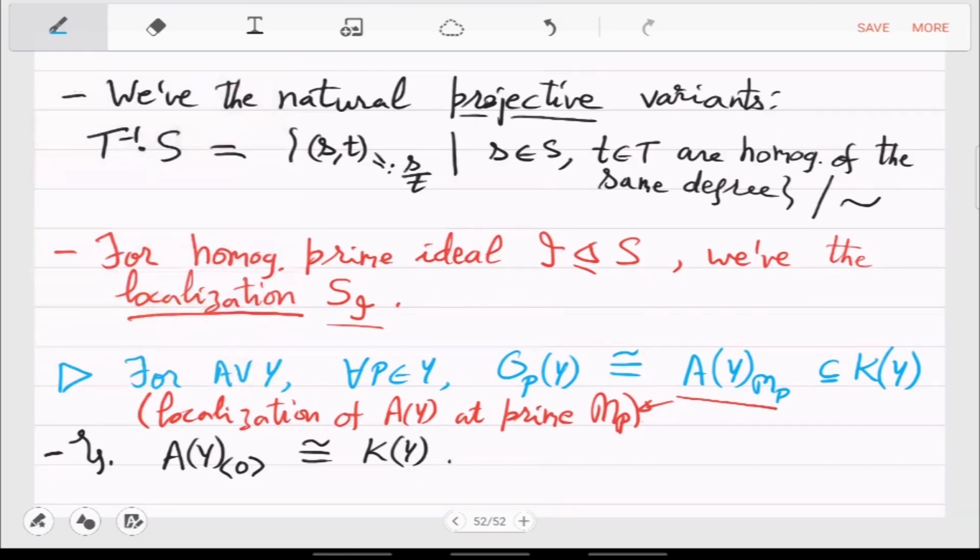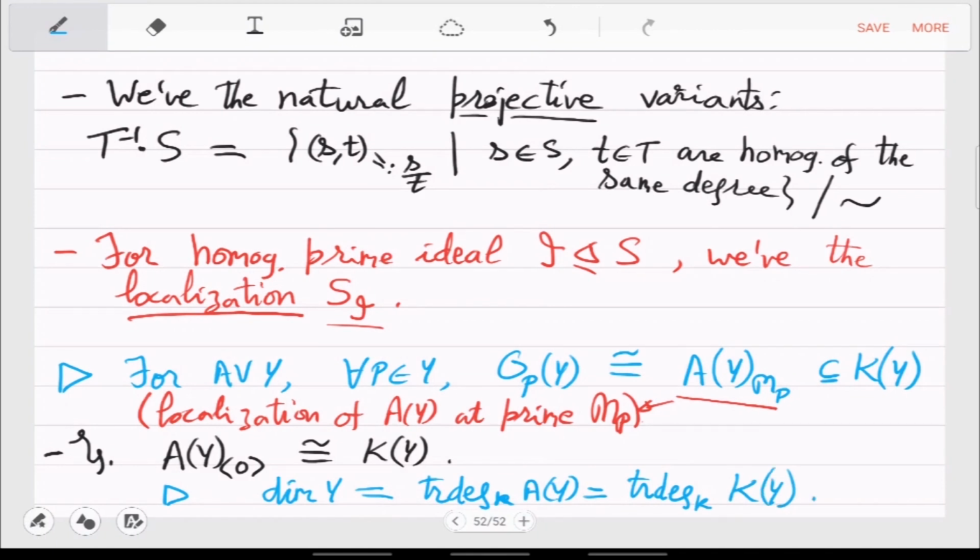And it also follows by our earlier results that the geometric dimension that we defined for a subset of the affine n-space, in particular here for the affine variety Y, is equal to the transcendence degree of A_Y and also the transcendence degree of this field K_Y, big K_Y.